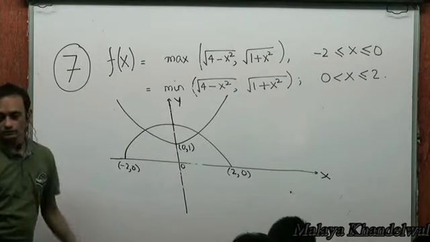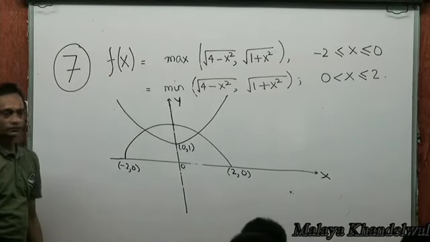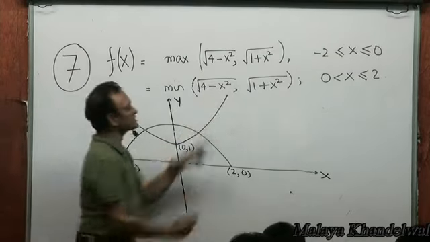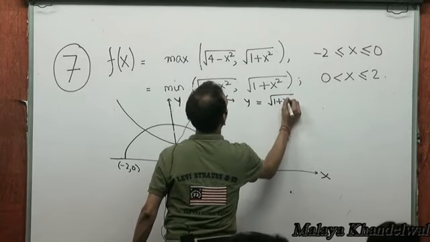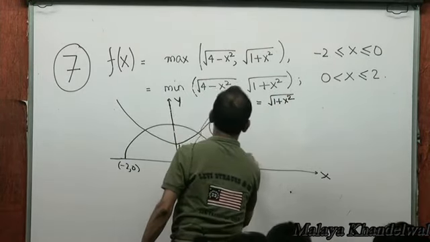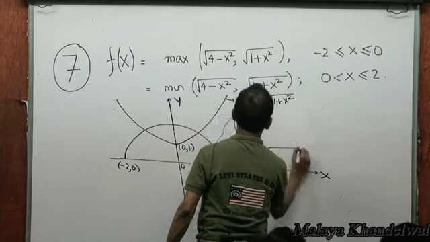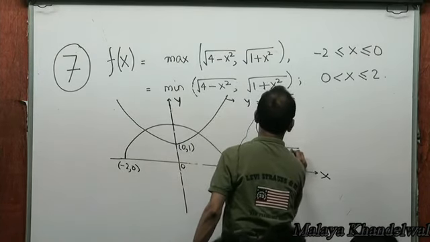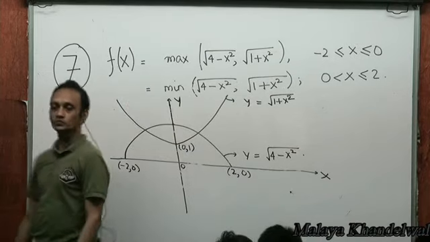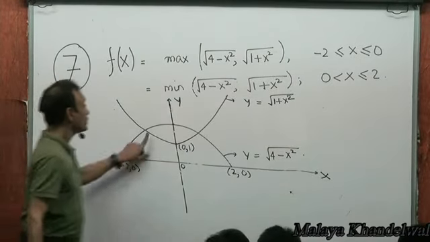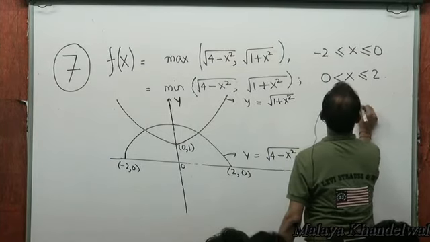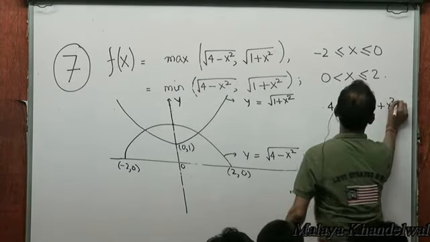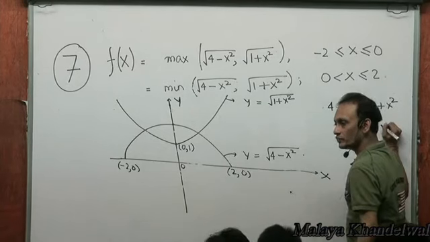Right? This is y equal to root 1 plus x squared, and this is y equal to this semicircle, root 4 minus x squared. Yes or no? Now the points where they intersect would be where 4 minus x squared becomes equal to 1 plus x squared. They have the same y for these values of x.